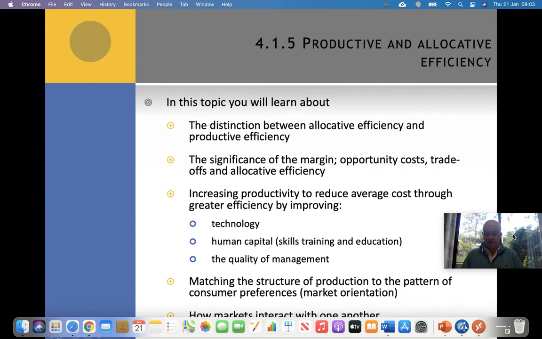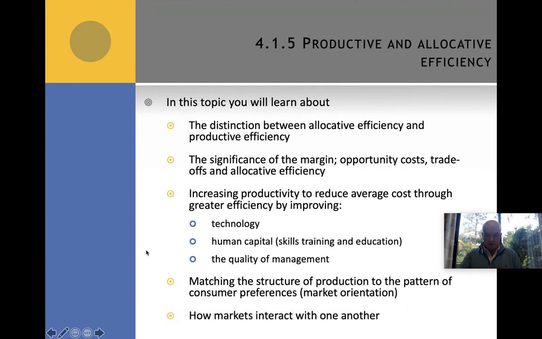We'll also be taking a look at how we can increase productivity by reducing average cost through greater efficiency and by improving certain areas. Now, to some degree, that will also take into account economies of scale, which I know that we have covered previously. We'll be looking at technology, how improving human capital might actually improve matters, and also the quality of management.